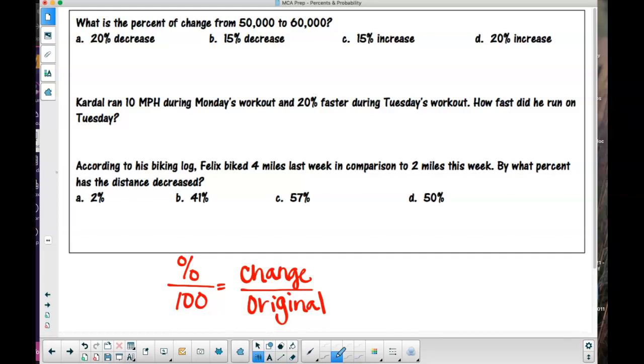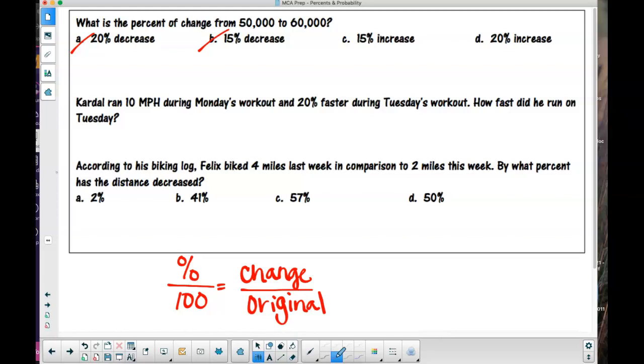So in the first one it says, what is the percent change from 50,000 to 60,000? One of the things you guys need to be aware of, if it's multiple choice, you should be able to eliminate some options. Okay, so when I look at these, if I went from 50,000 to 60,000, was that an increase or a decrease? Increase. So that means it cannot be A or B, right, because those say decrease and it did not decrease. So it has to be either C or D. At least, if we can eliminate some choices, we've got a 50-50 chance of getting it right.